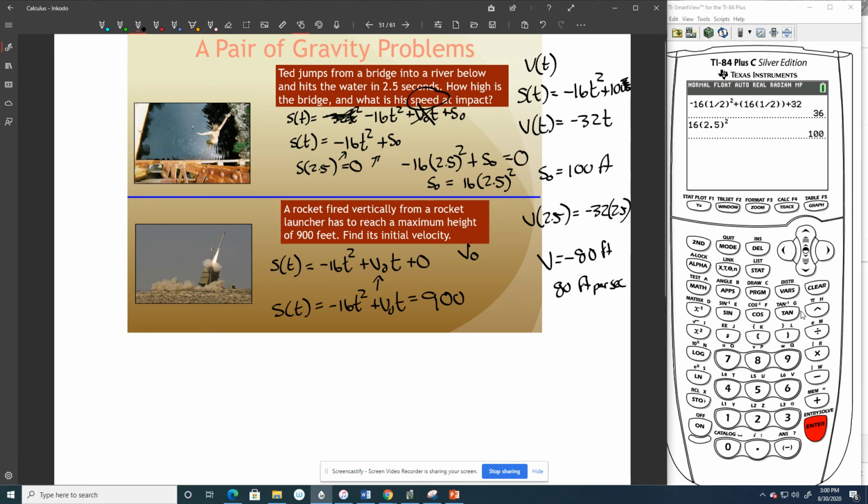Well, I need my velocity formula to figure that out. So V of t, if I take the derivative of this function right here, I get negative 32t plus V naught, because my t goes away when I take the derivative. And now I'm looking for the time when I'm at my maximum, which means my velocity is going to equal 0.